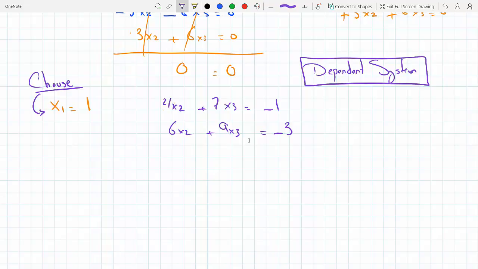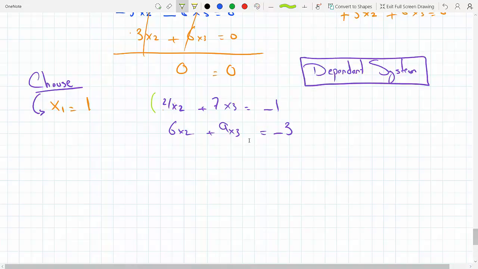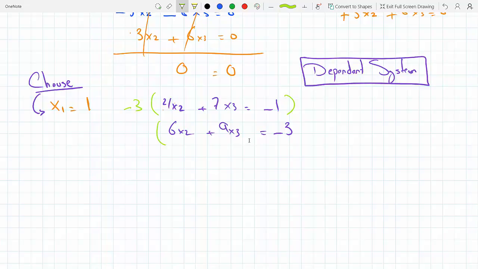I could multiply the first equation by minus 3, and the second equation by plus 2 to get rid of x2.